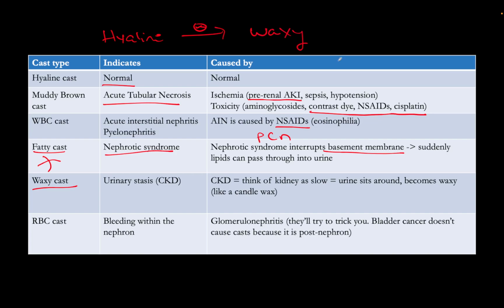And this is seen when you have slow kidney function. And so the reason for that is chronic kidney disease. And the last one is RBC casts. The thing about RBC casts, they'll typically ask you something about what caused it. One other thing to know is that bladder cancer does not cause casts because it's post-nephron.